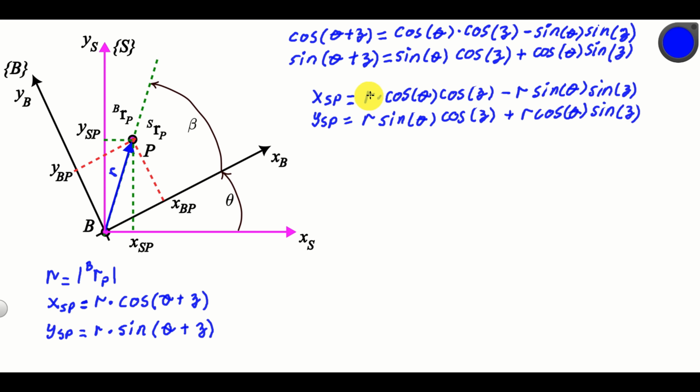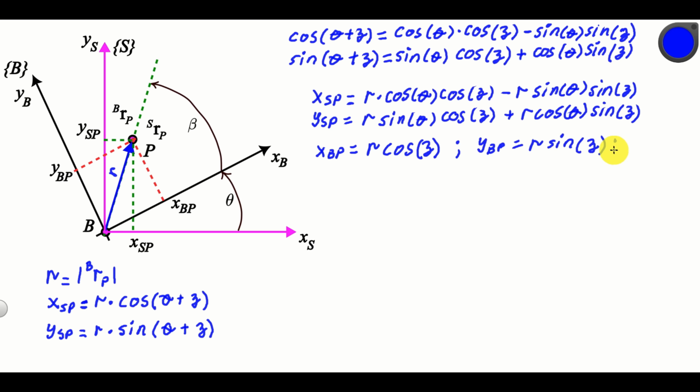Next, let's simplify these expressions. First of all, from this graph over here, we can see that XBP is actually R cosine beta. And we have that YBP is actually R sine this angle, that is sine beta.